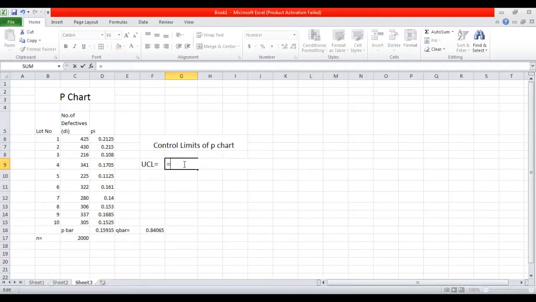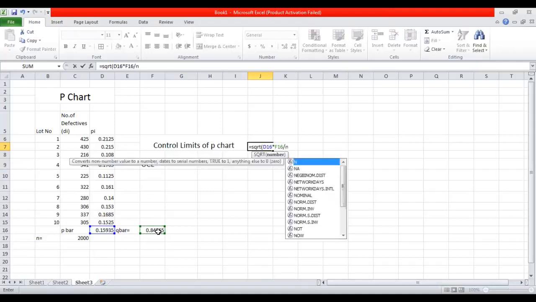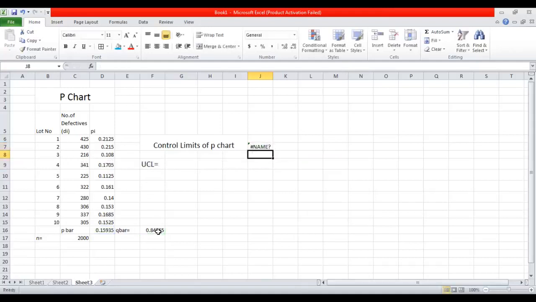UCL equals to, I'll do it separately, otherwise 3 into P bar into Q bar value I'll do separately. Here I'll write the 3 into P bar into Q bar. I'll write the under root value first, square root of P bar into Q bar divided by N. Close the bracket.